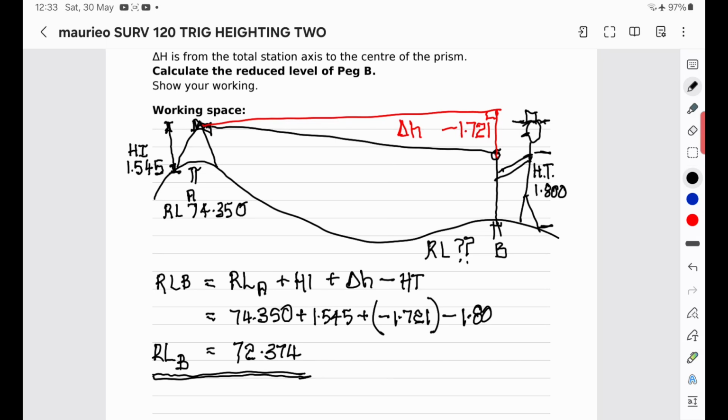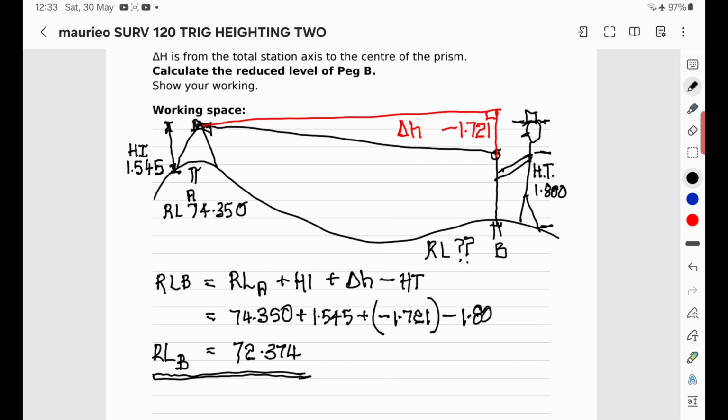In the previous question, we calculated it using the zenith angle and the slope distance. Here we've got no distances involved. And so we do that to give us the final answer, which is 72.374.